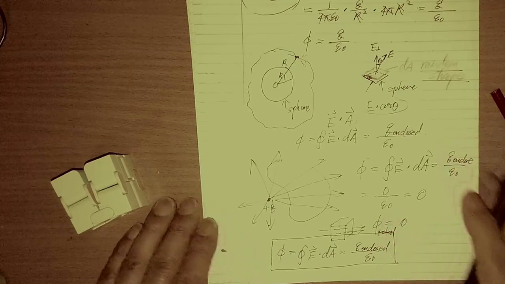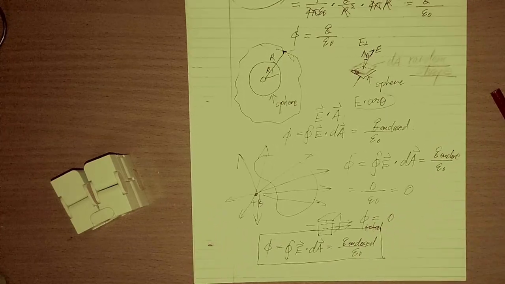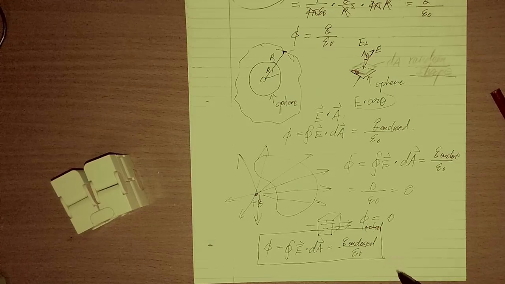Okay, so this is very important. There are a couple more laws similar to this with equal importance that we're going to talk about later on, but this is the first law I want you guys to memorize.